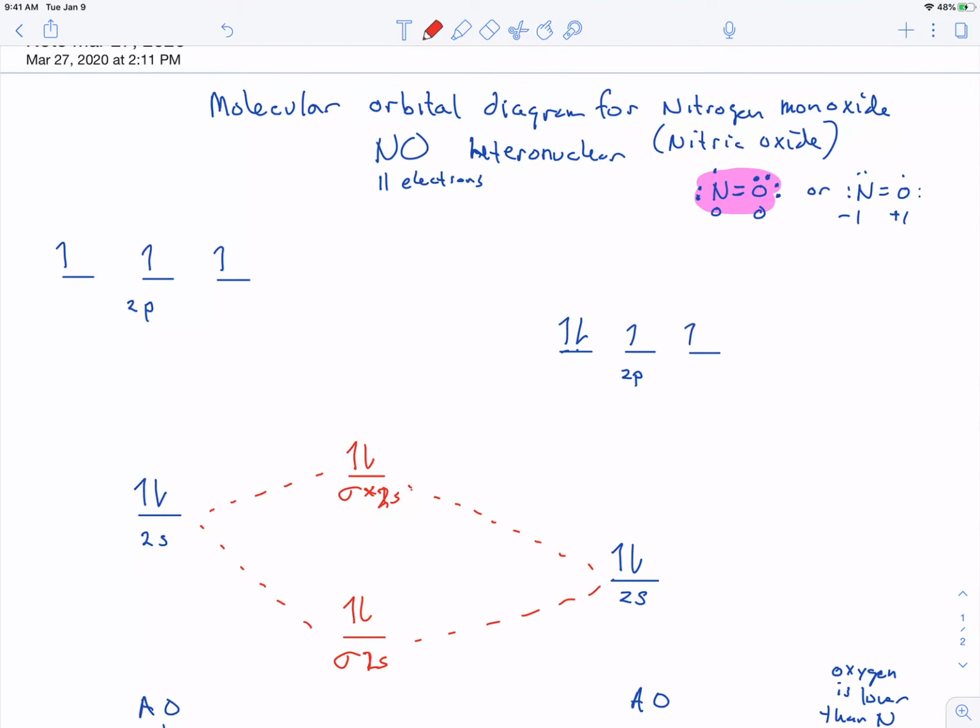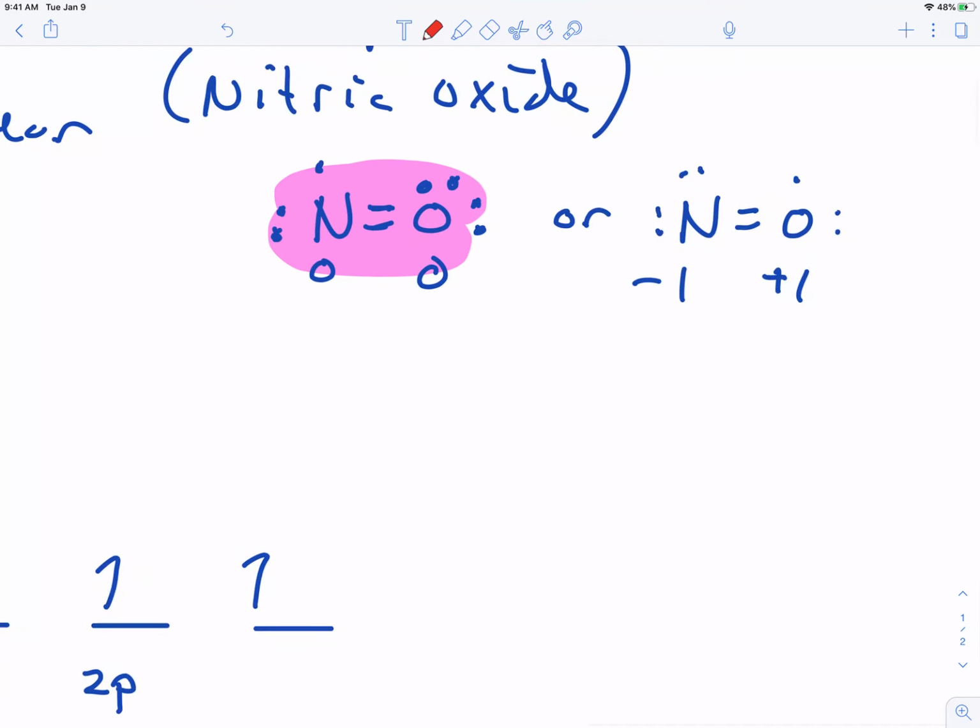So how are we going to populate the p orbitals? As you can see, there's 2 bonds. Well, experiments show that it's a little stronger than 2 bonds.